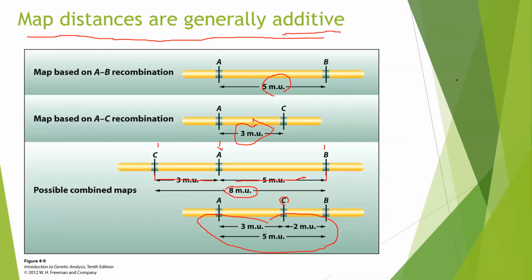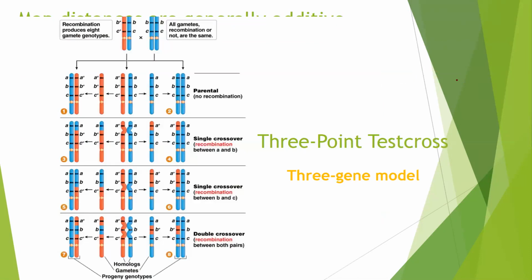If we fully understand this, we're going to challenge ourselves. We're going to deal with some more difficult situations. So here we try to expand this model to the 3-point test cross, now a 3-gene model.